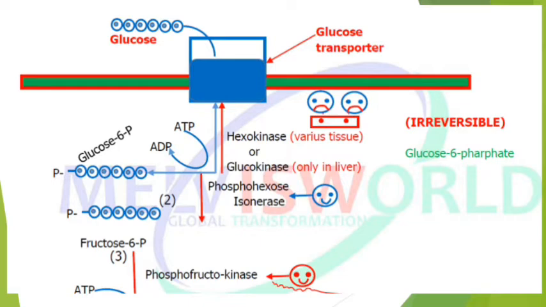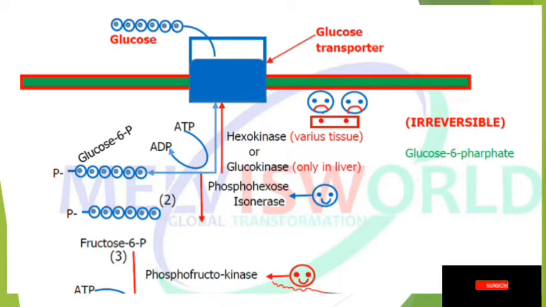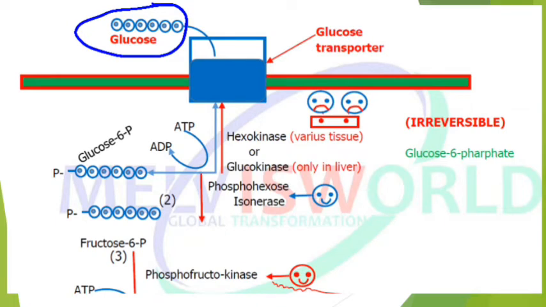So here, we're going to take it very easy for comprehension's sake. Imagine this is a glucose molecule floating in the extracellular fluid. This is a glucose transporter, which, if you can recall, we have GLUT1, GLUT2, GLUT3, GLUT4, as I am focusing on in this class.